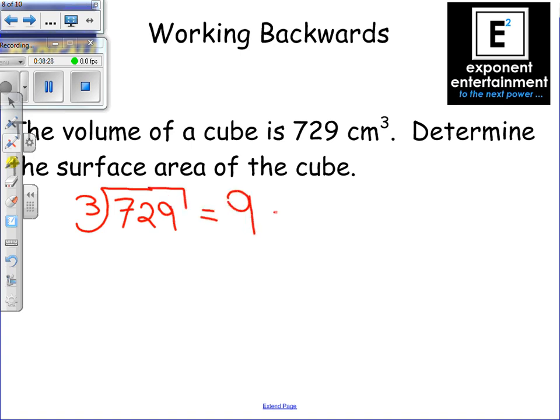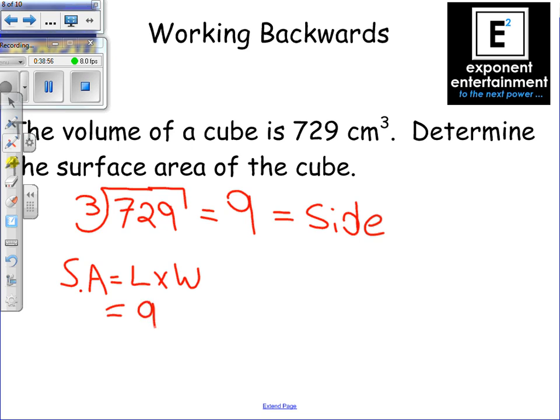Area, surface area, equal to length times width. The length and the width are the same length of the side, right? So what's surface area? 9 times 9? 81. 81 what? Centimeters square, not cube, right?